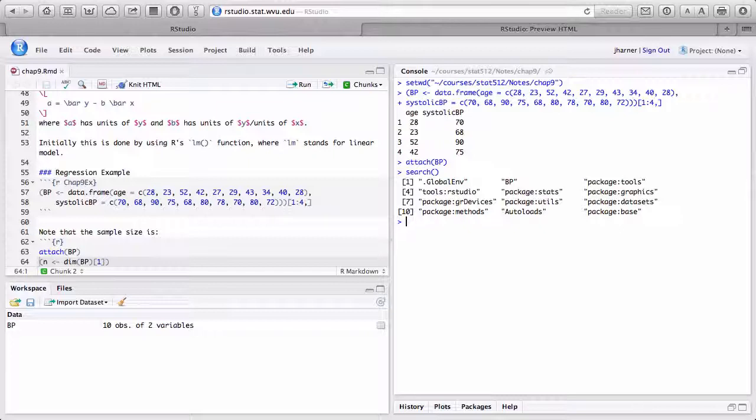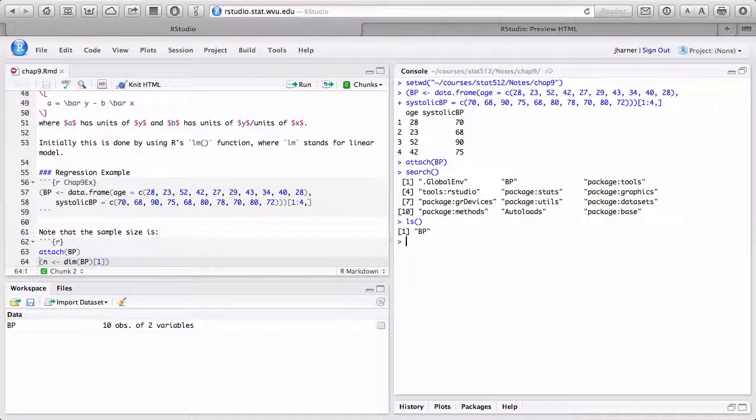By attaching it, when I say ls, what ls is going to do by default is return what's in the global environment, which at this point is just BP. But if I say ls of 2, each of these is an environment, and it will return the symbols in the second position in the search path, which is BP.